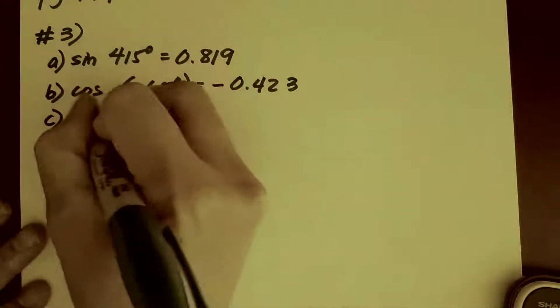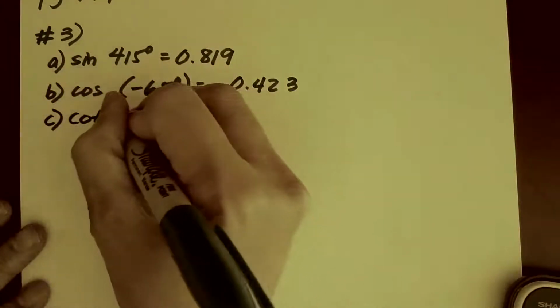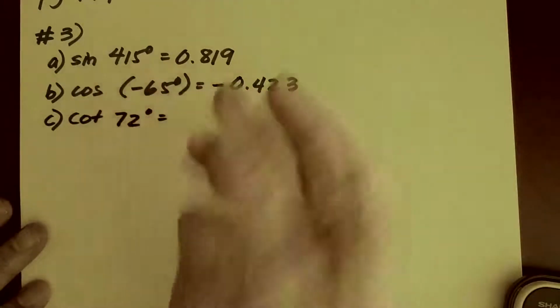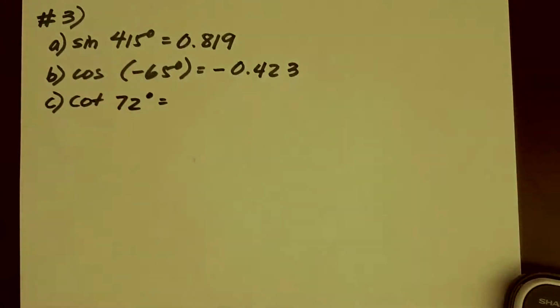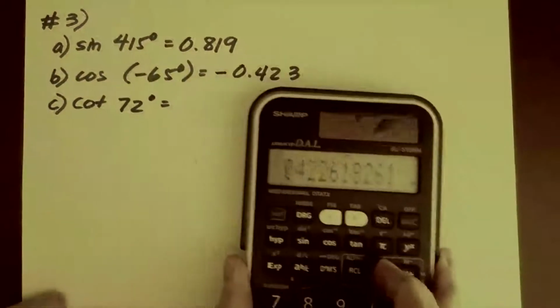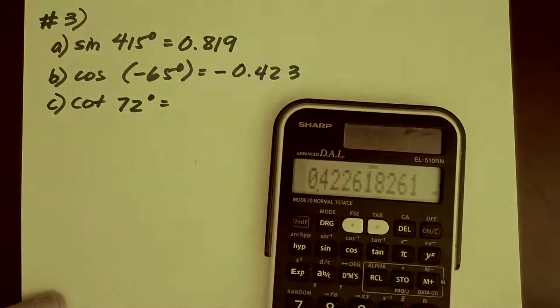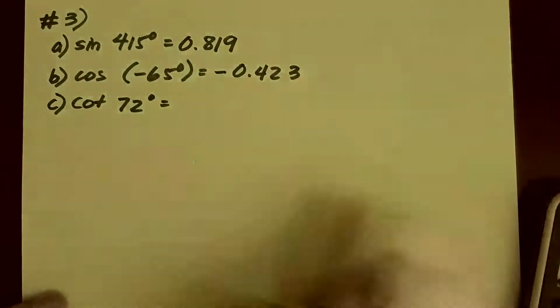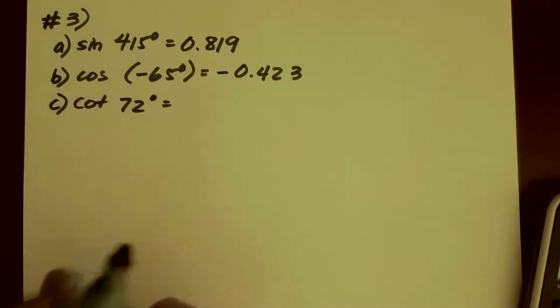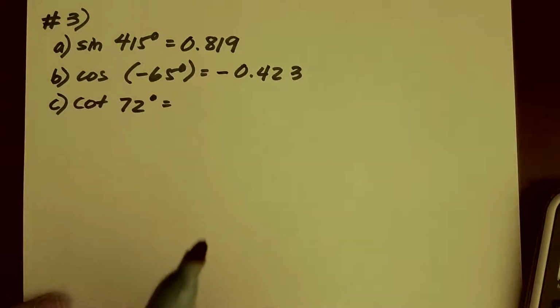Now we come across this one, cotangent. This one is not as easy, because when we say cotangent, what does that mean? I don't even have a cotangent button on my calculator. But remember, cotangent is the reciprocal of tangent.